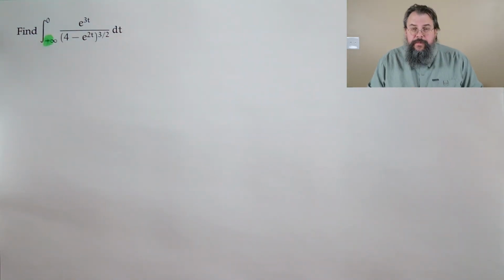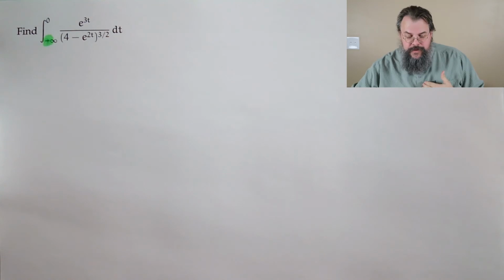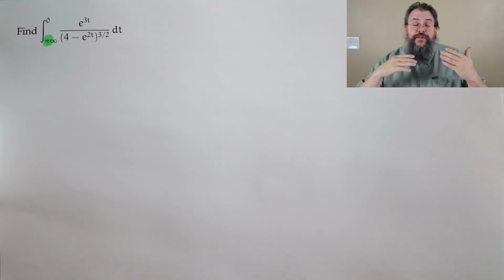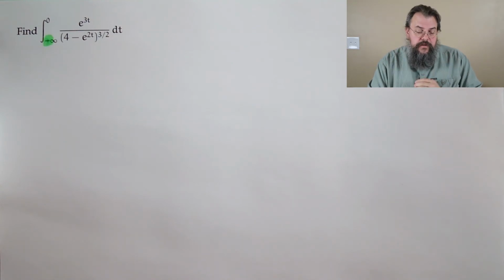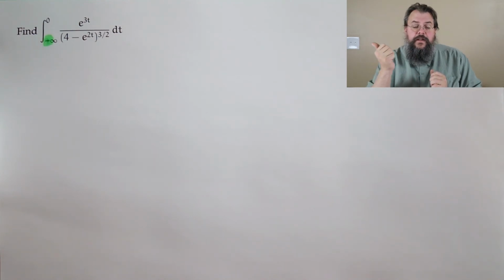So let's think about what's happening just to calm our nerves, because it's good to have our nerves be calmed. When we look at this function e to the 2t, and we're thinking in particular between negative infinity and 0, what's going to happen? Well, as we head to negative infinity, e to the 2t goes to 0.